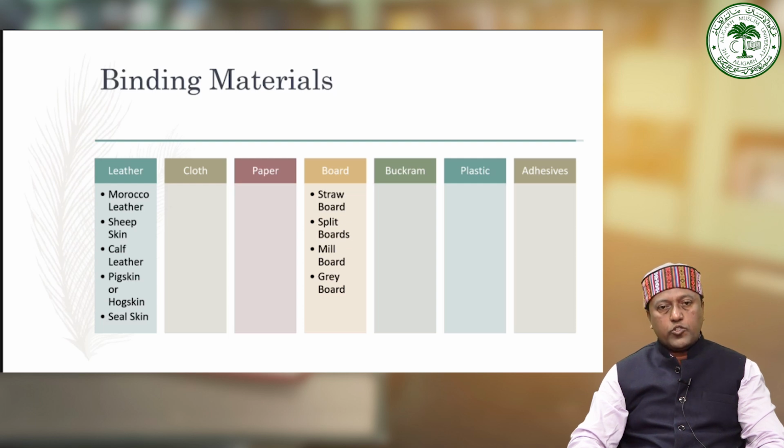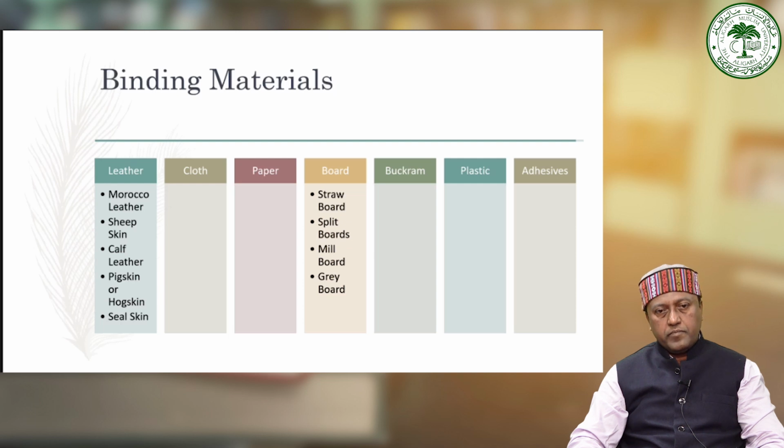One is simple straw board, that is a cheap quality board, often used for smaller and less expensive books, because as the name suggests, it is made from straw, and it is commonly found in abundance, particularly in regions like Holland. So that is made up of the straws, so it is cheaper and can be used for smaller and less expensive books.